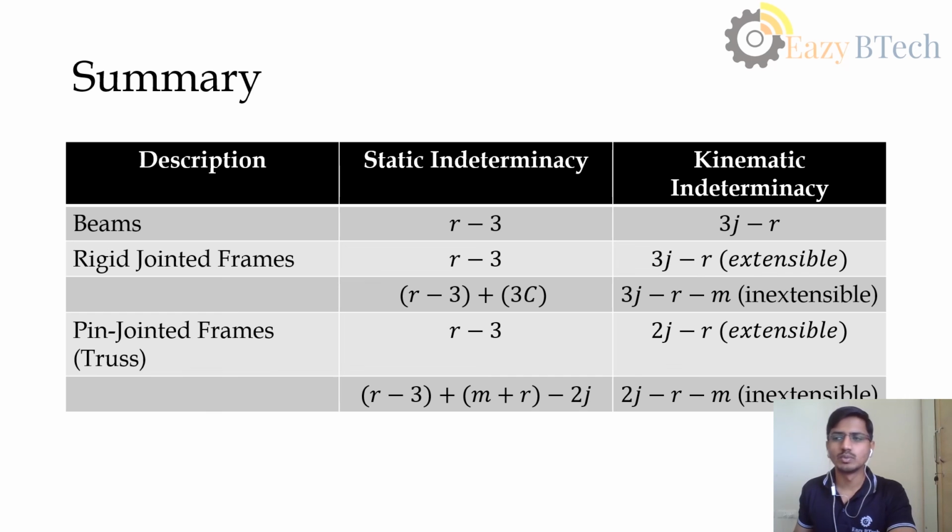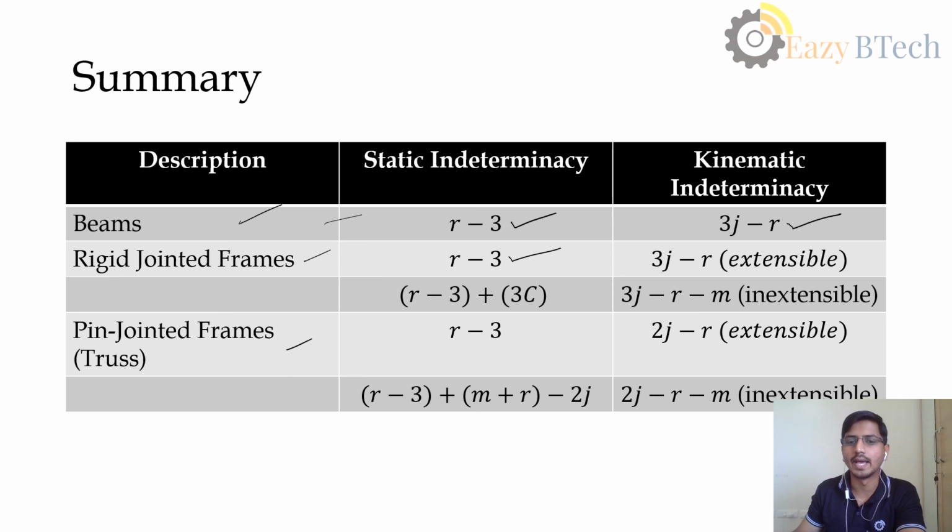So this was about static indeterminacy and kinematic indeterminacy. This is the summary table which is useful for remembering all these formulas. I have divided it into beams, rigid jointed frames and pin jointed frames. If it is statically indeterminate, then the formula is reactions minus 3. If it is kinematically indeterminate, it should be 3j minus r. For rigid jointed frames also, the static indeterminacy is r minus 3.